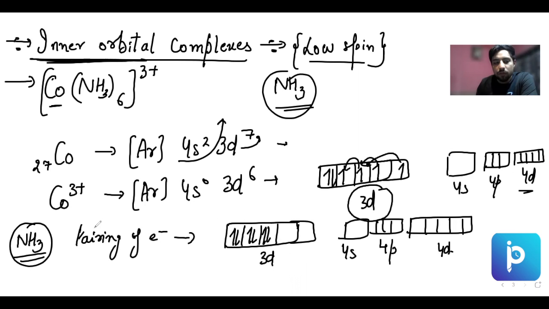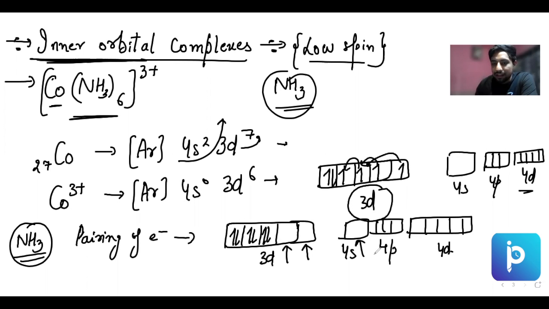Now we have the coordination number equal to 6, meaning that 6 ammonia molecules will come over here and give their electrons in the different orbitals of the metal and do the bonding. One ammonia molecule will come over here, one here.